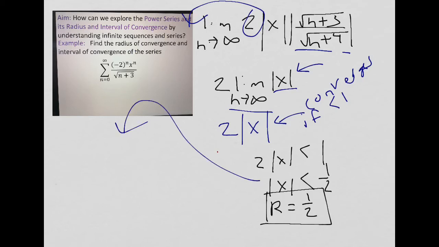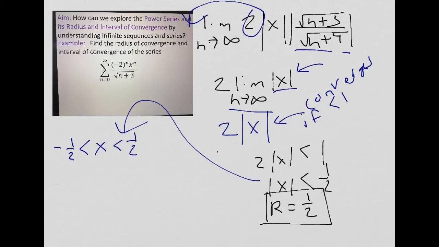This looks very similar to what we were using for an infinite geometric series. The absolute value of r is less than 1. Well, we got the absolute value of x is less than 1/2. So that means that x has to be between -1/2 and 1/2. But does it include the -1/2 or 1/2, or does it not?